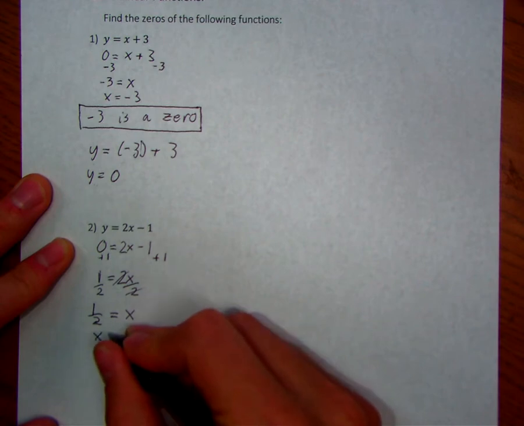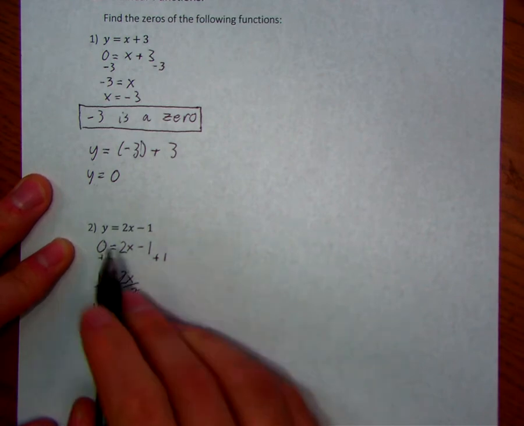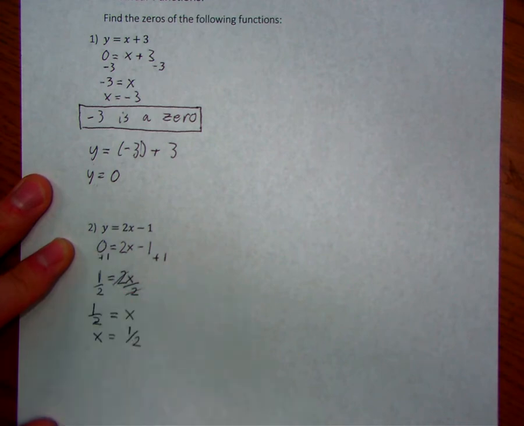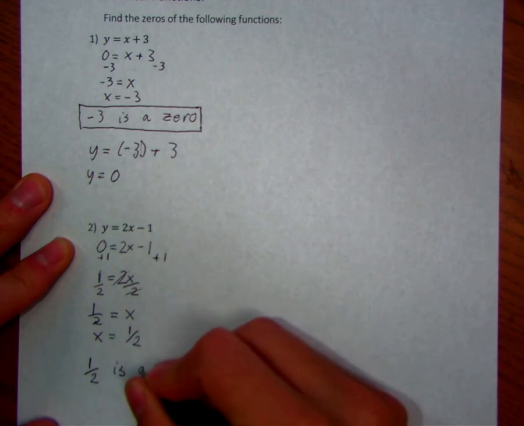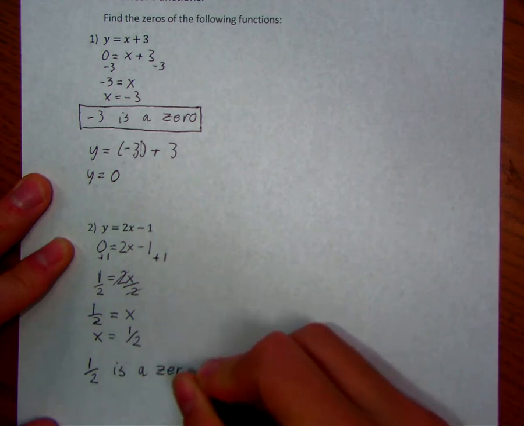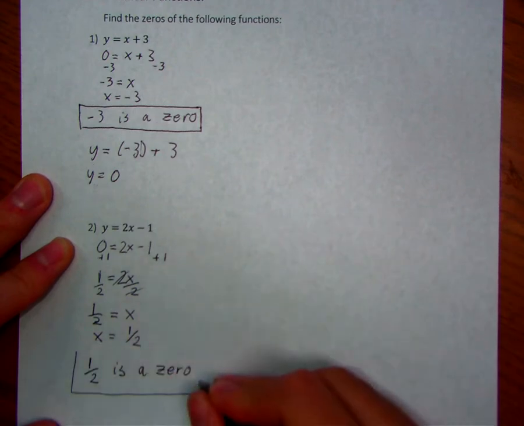Or I could say x is equal to 1/2. So when I made y be 0, x turned out to be 1/2. That was the x value. That means that 1/2 is a 0 of this function. 1/2 is a 0.